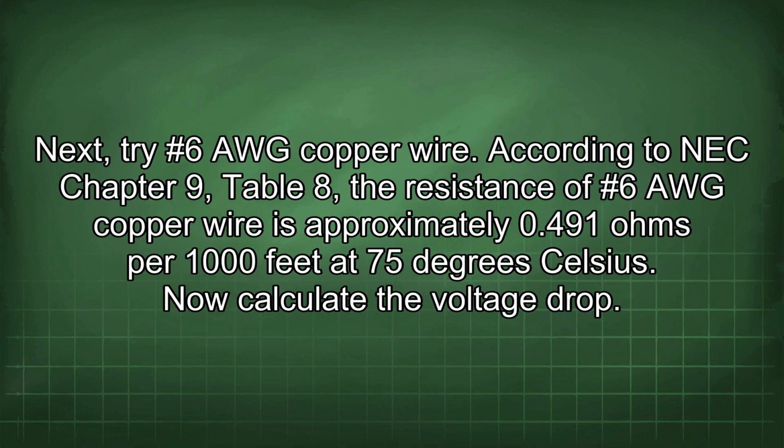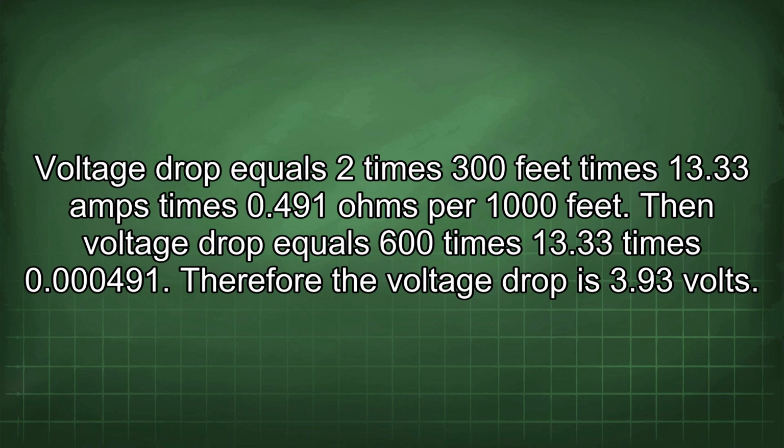Next, try #6 AWG copper wire. According to NEC Chapter 9, Table 8, the resistance of #6 AWG copper wire is approximately 0.491 ohms per 1000 feet at 75 degrees Celsius. Now calculate the voltage drop. Voltage drop equals 2 times 300 feet times 13.33 amps times 0.491 ohms per 1000 feet.